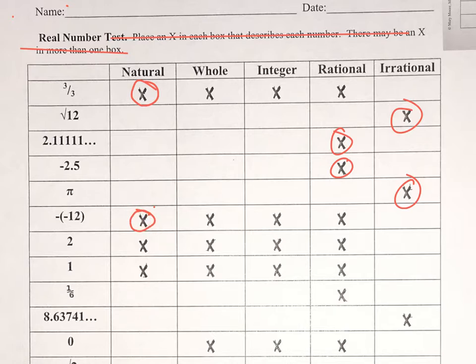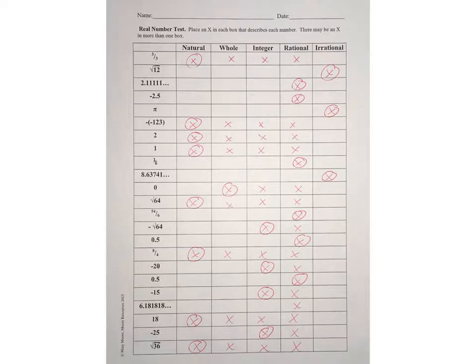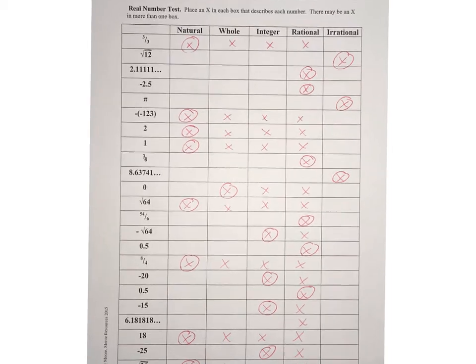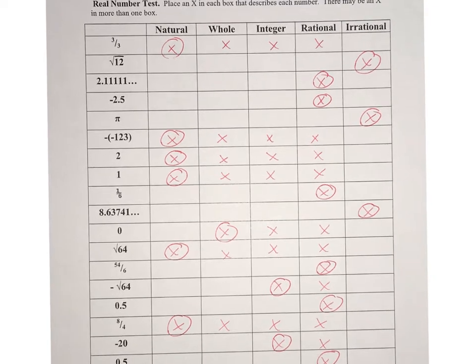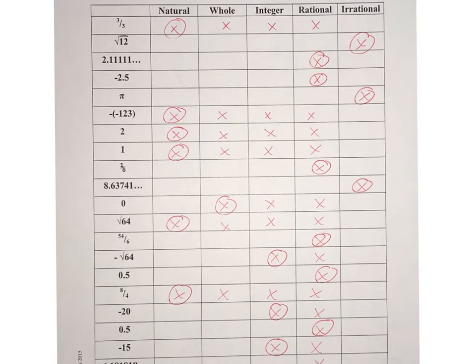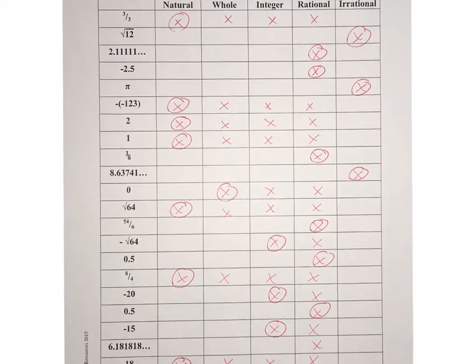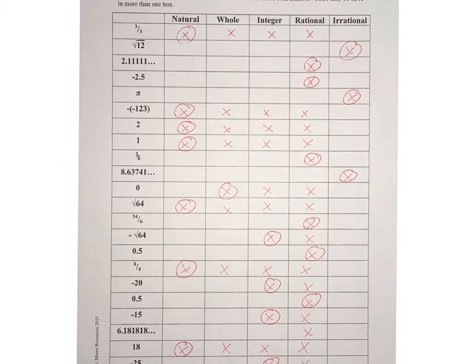Yeah. I hope this helps. I'll post the answers on Edmodo. So I do apologize. There are a bunch of mistakes on the worksheet itself, but I went through and put all the x's that belong there, and circling the most specific one. This is the front side.